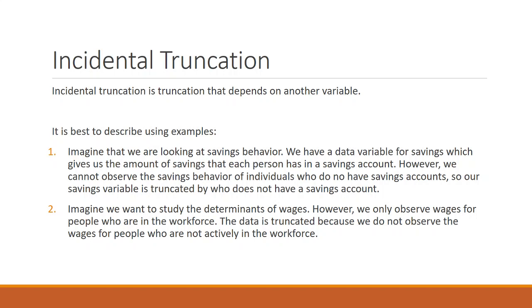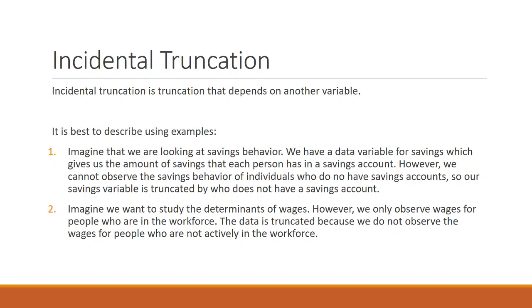Okay, well that means we're not looking at the amount of money that people have saved under their mattress, so to speak. We're only looking at money that they have saved in their savings account. All right, so we have data for the amount of money that people have saved in their savings account. However, we are not able to observe the savings behavior of individuals who do not have savings accounts.